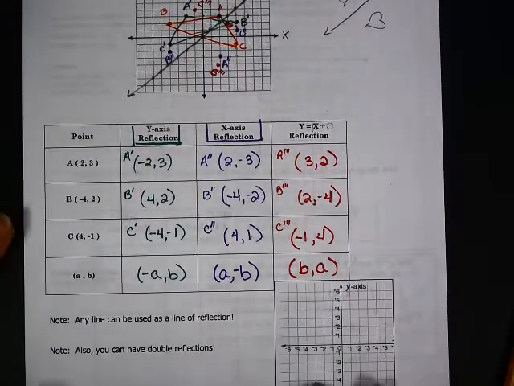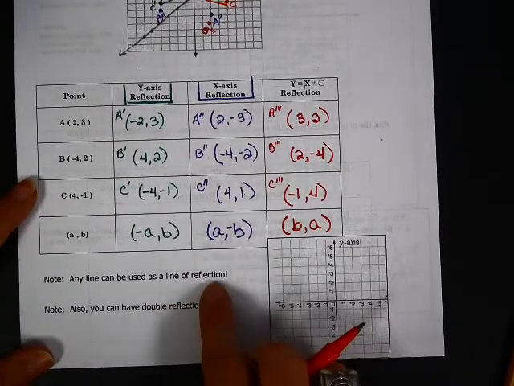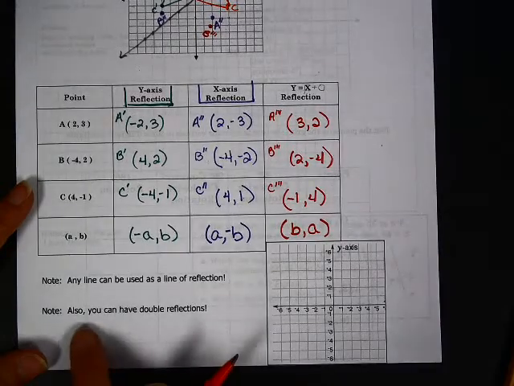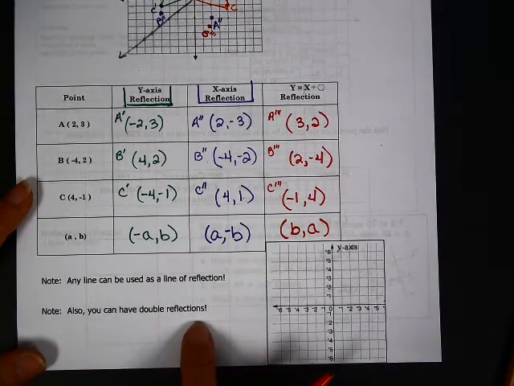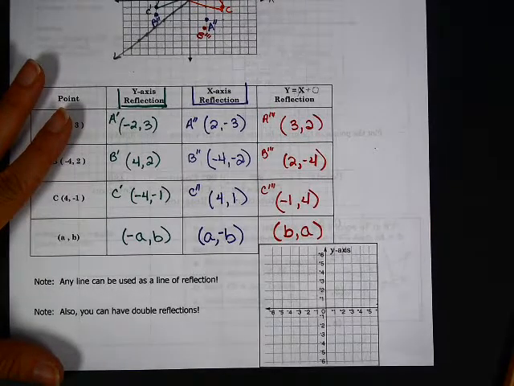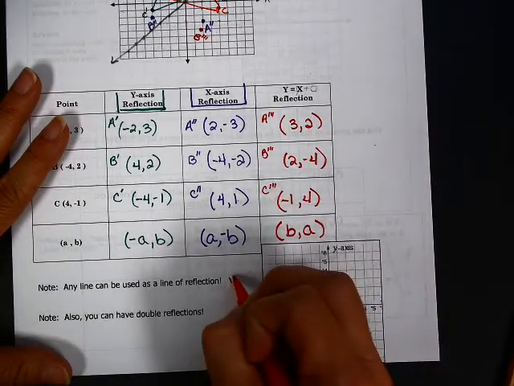All right, now, a special note. Any line can be used as a line of reflection. Any line, anywhere. And then also you can have double reflection. So that's something that I want to be sure and explain to you. Okay, I'm going to draw the line y equals 1.